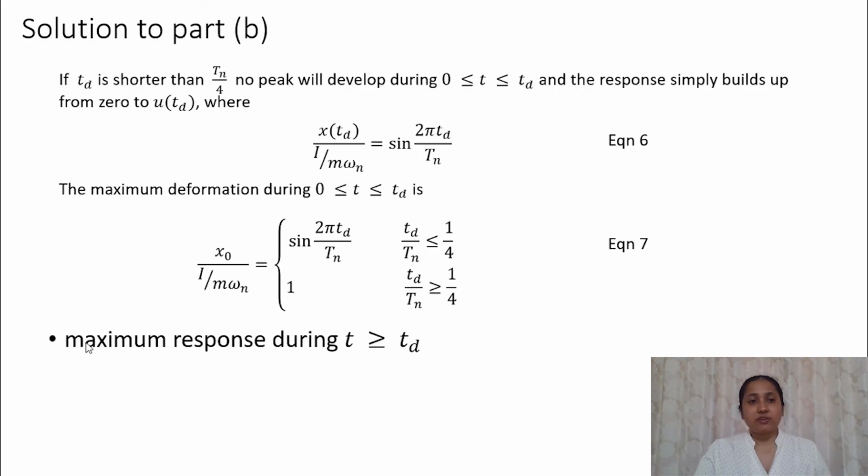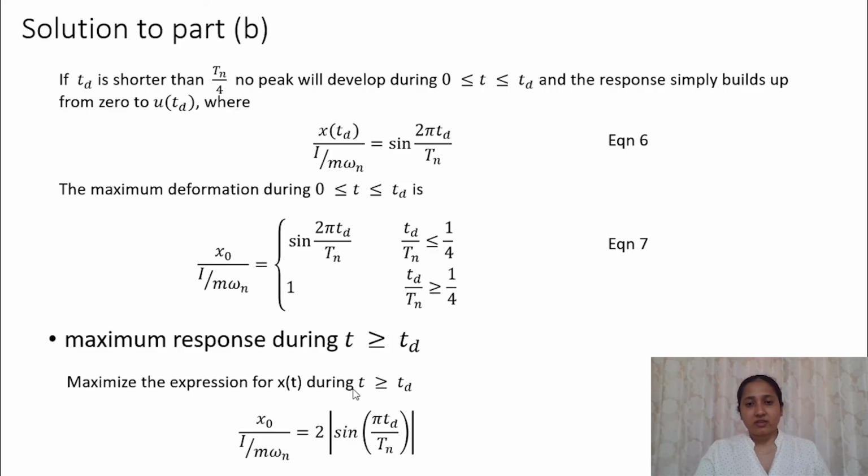Now we need to find the maximum response when t is higher than Td. For that, we can add the combined response due to the first impulse and the second impulse, maximize that expression, and then find the maximum value of this response. If we maximize the expression, we find the maximum at x0 by I by m omega n equal to 2 modulus of sine pi Td by Tn.